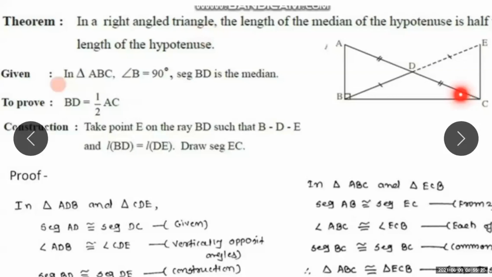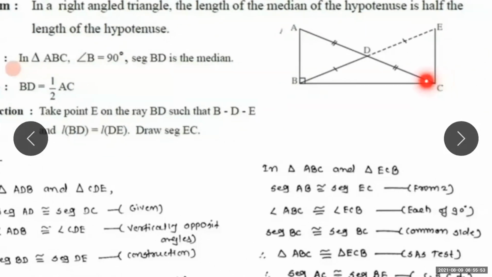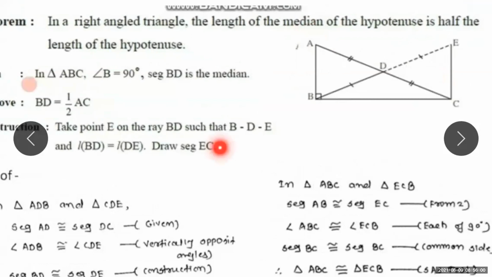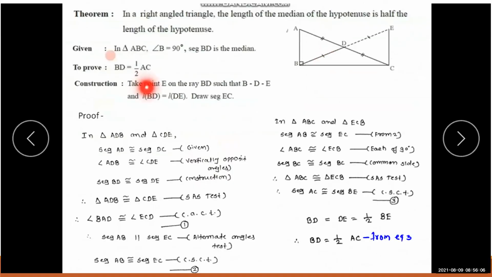Which is the hypotenuse? Here BD is the median, and we have to show it is half of the hypotenuse.